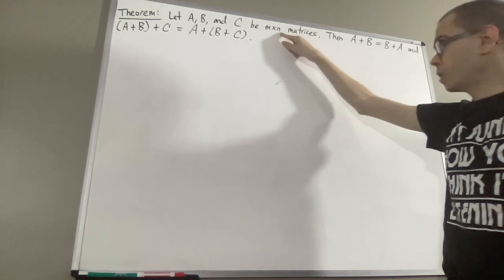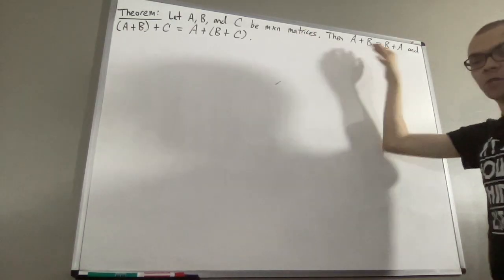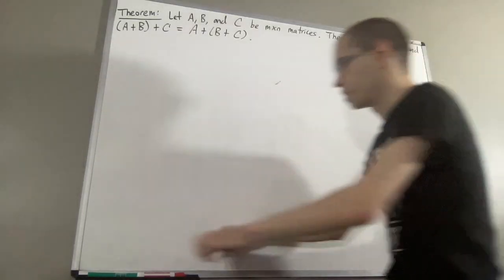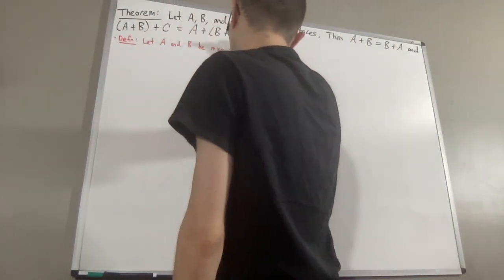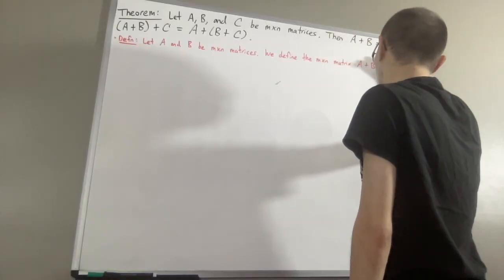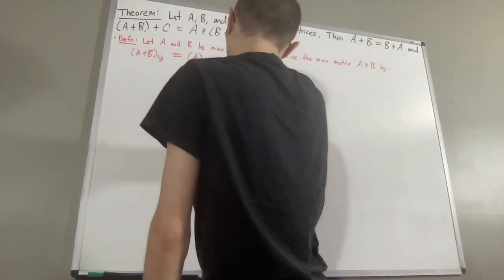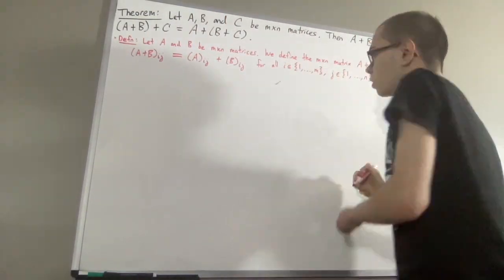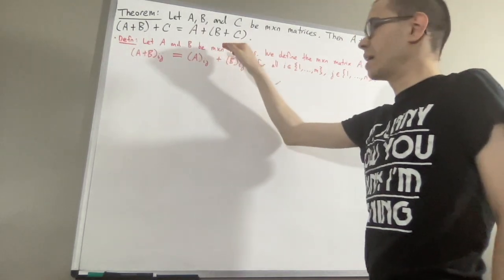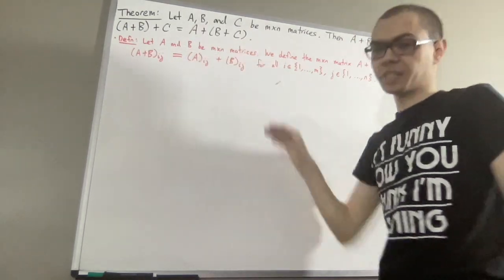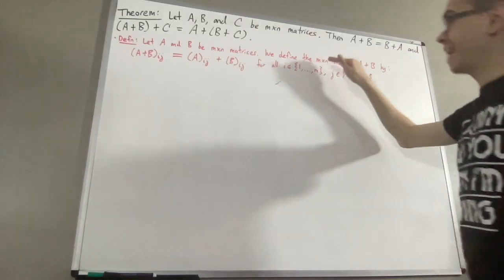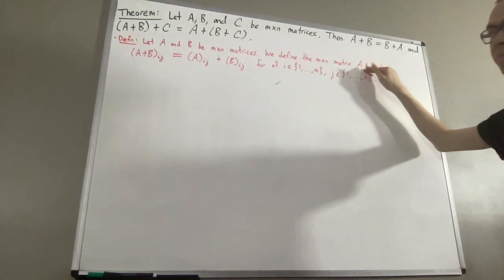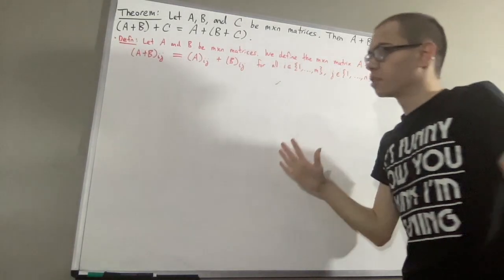Now, we define the addition of two matrices as follows. Let A and B be any two m by n matrices. We define the m by n matrix A plus B as follows.